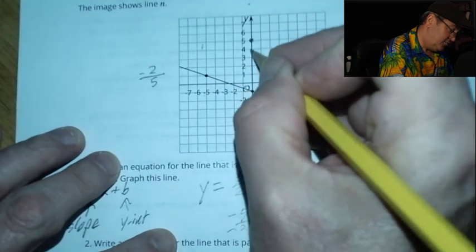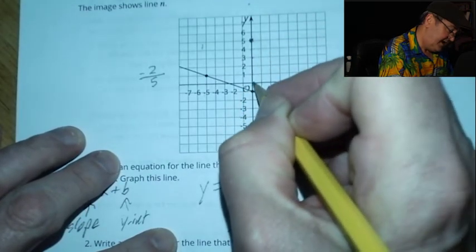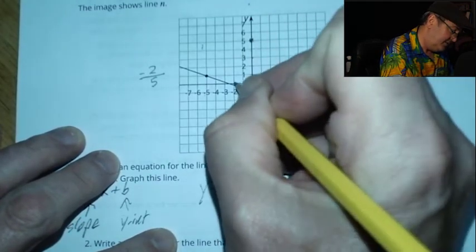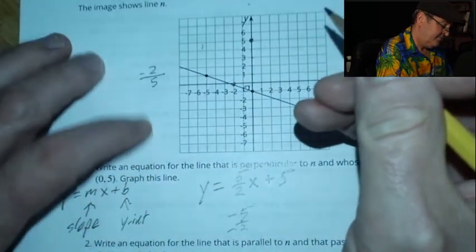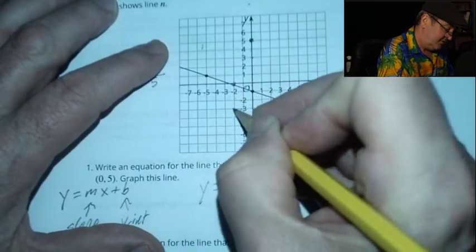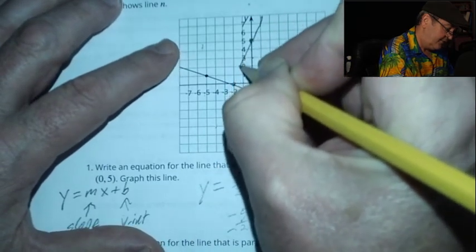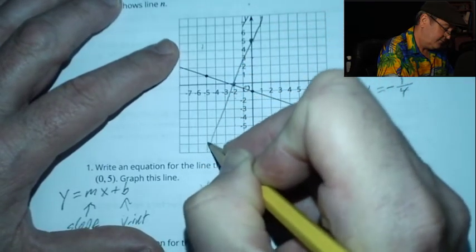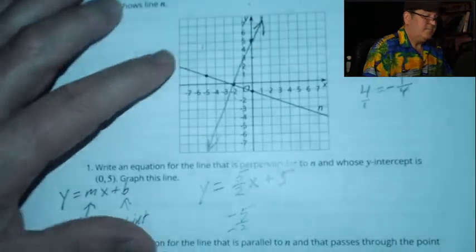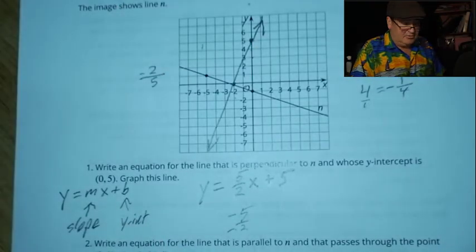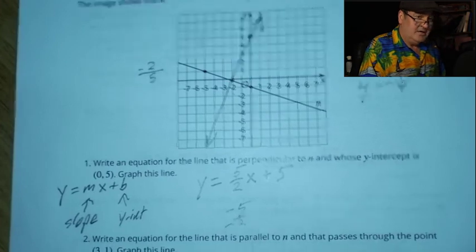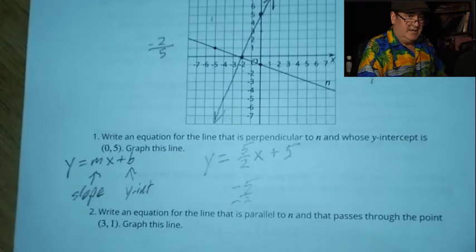So we can go 1, 2, 3, 4, 5 negative and 2 negative, and our next point would be right there. And then we could do that again to find our next point right there. So our line is going to graph right here. That is our line that will graph perpendicular to the original line n.